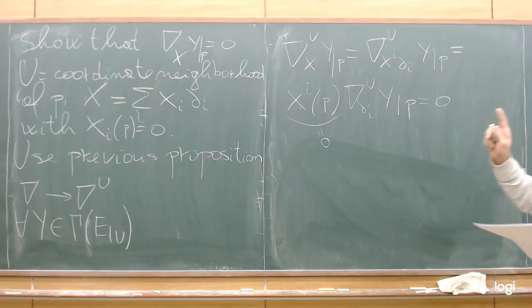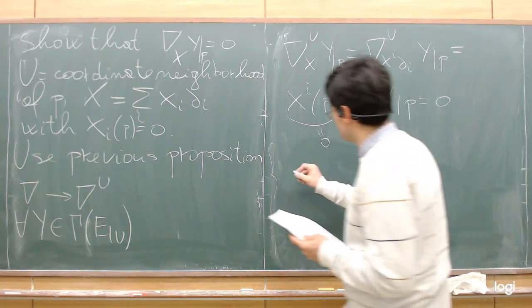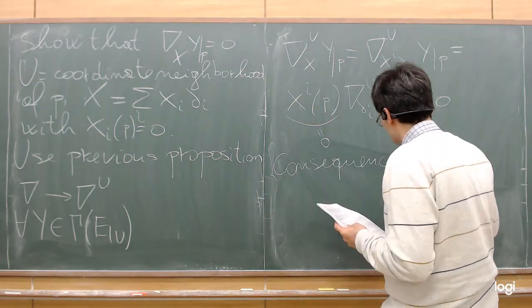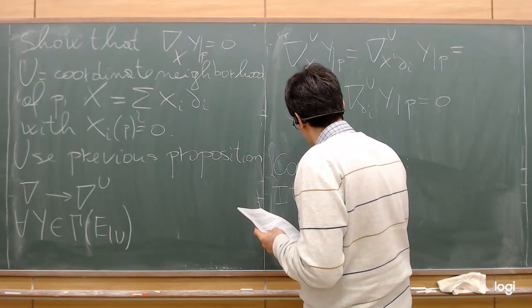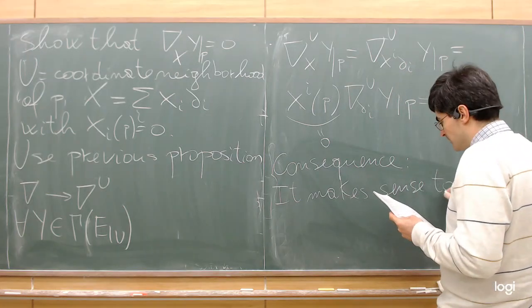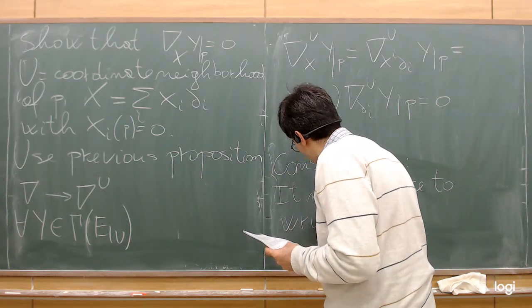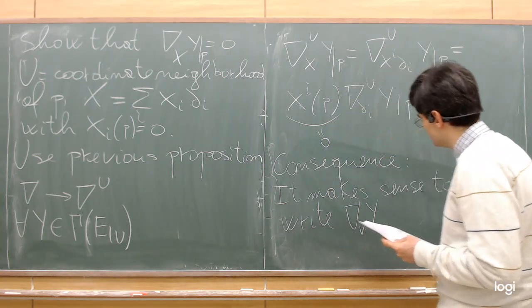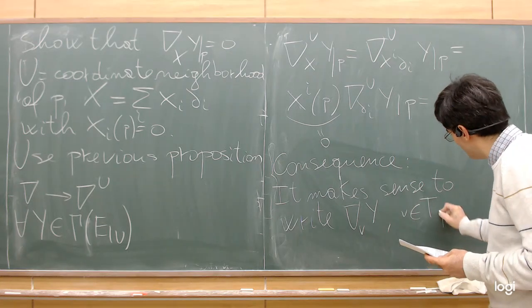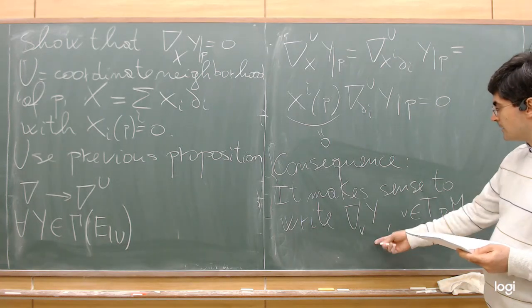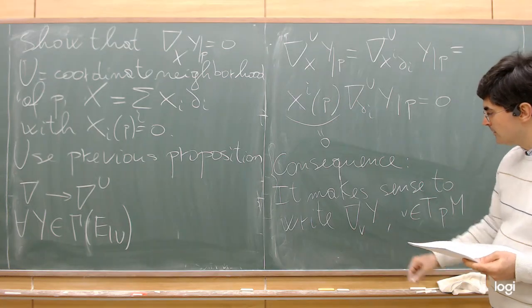The consequence of this proposition here is that it makes sense to write nabla y of V with V in T_P M. How to evaluate this?